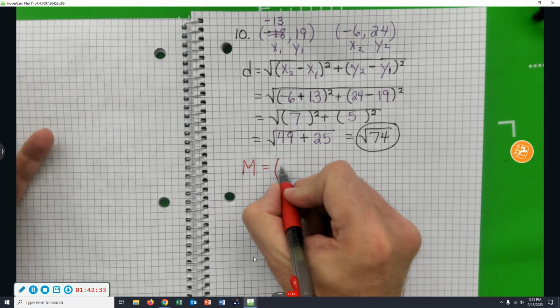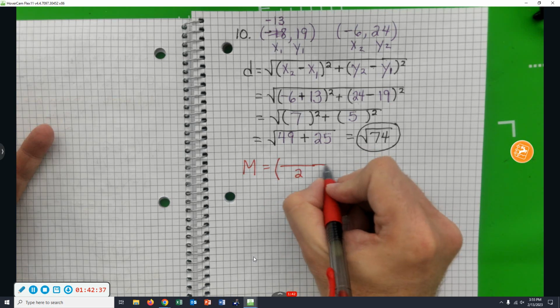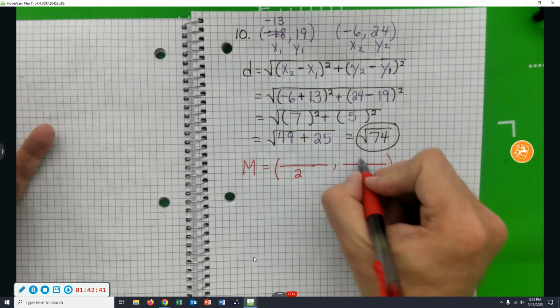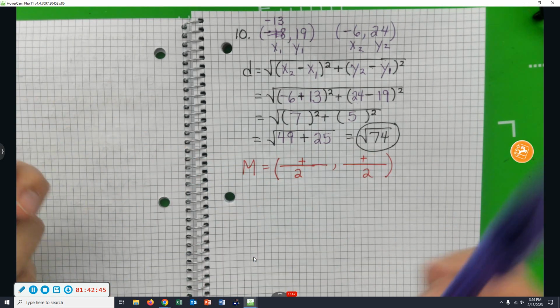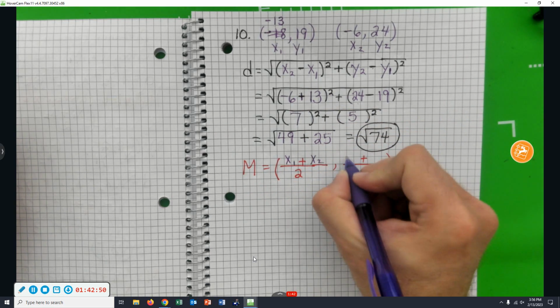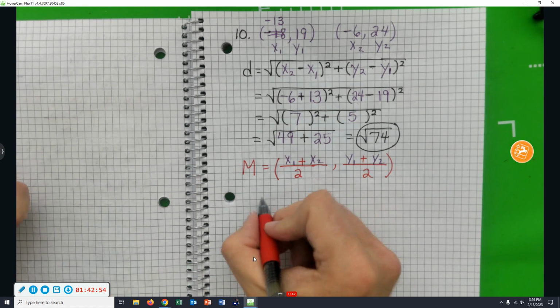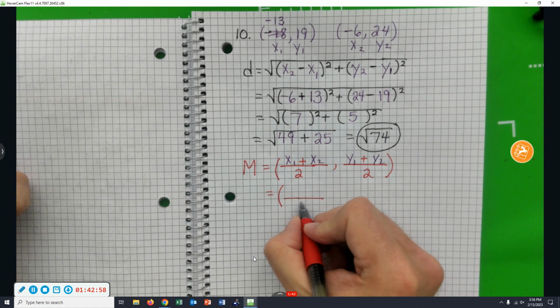To find the midpoint, you add up the x's and divide by 2. Negative 13 plus negative 6. Okay, I'm rushing. I'm going to catch up with you in just a moment.